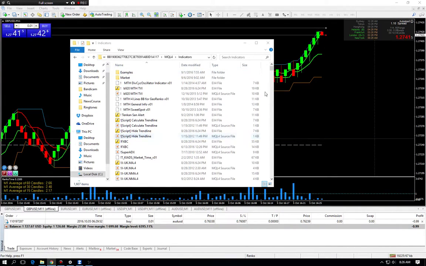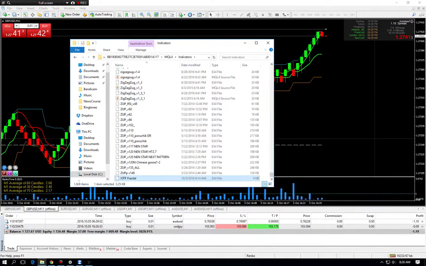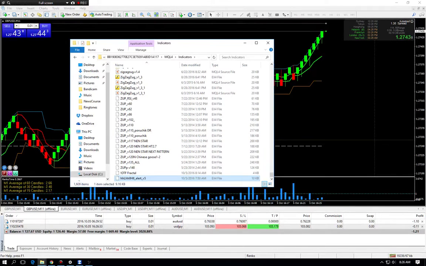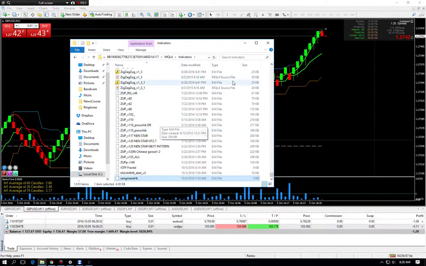Okay, so let's get the indicators added in. OTF Fractal, never heard of this one. This one I've heard of. And the last one is just a higher high, lower low one. Well, both of them are two different versions.